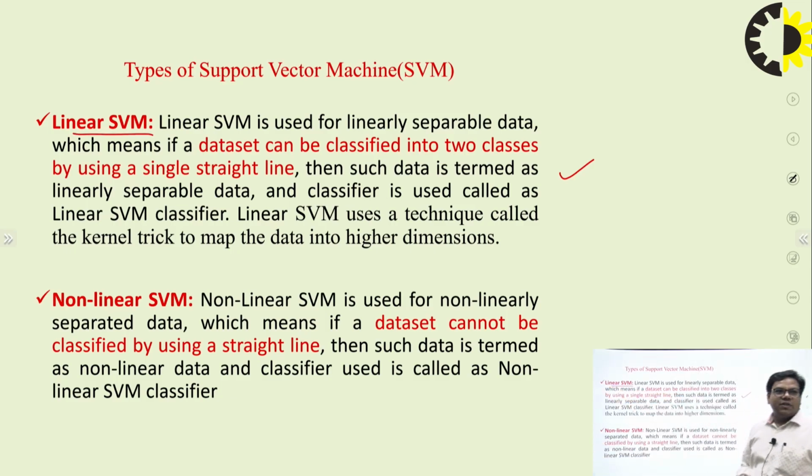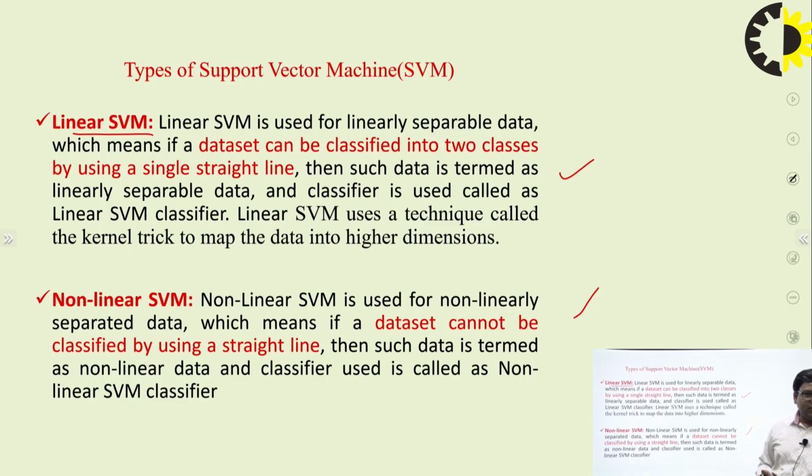When the data is not linearly separable, meaning we are not able to classify the classes using a straight line in the feature space, then the problem comes under non-linear. Handling this kind of problem using SVM is called non-linear SVM.